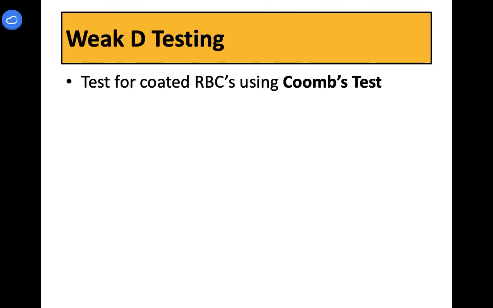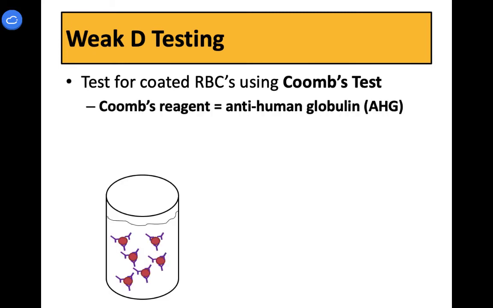We test for the presence of sensitized red blood cells using what's known as the Coombs test. The Coombs reagent is something called Antihuman globulin. Basically, it's an antibody to an antibody.